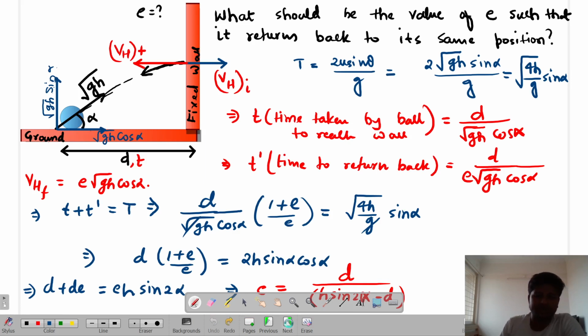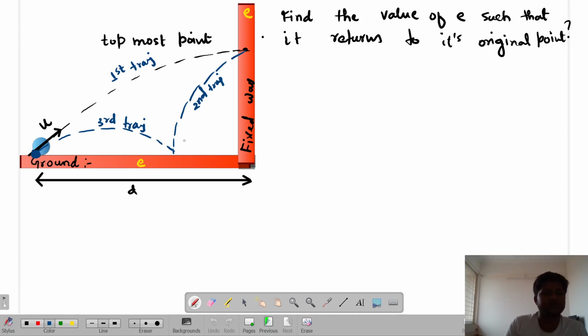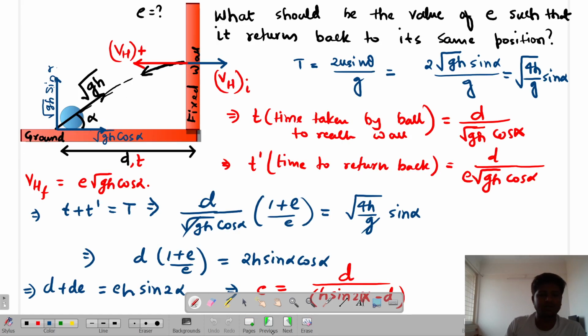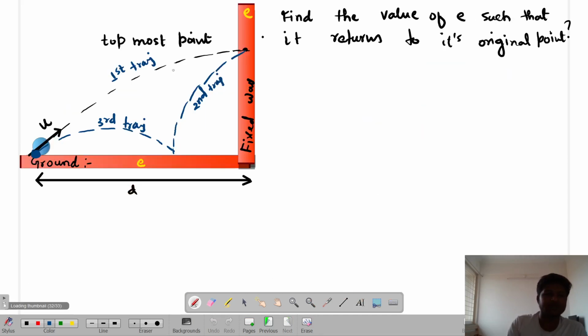But here it is not saying that it is following the same trajectory. It is following three trajectories to return to that. It was following the same trajectory to return back before. Here it is not. Is it following the same trajectory?